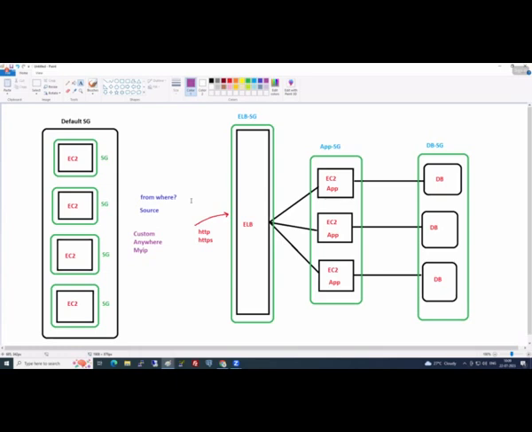Now you tell me, in our course, which source should we be using? My IP. If you go for anywhere, it is open to everyone. It is not good. But if you want to use it for a set of people or some network, go for custom.